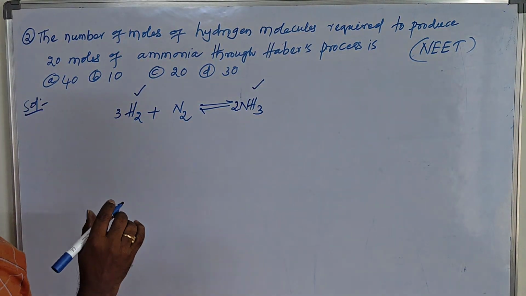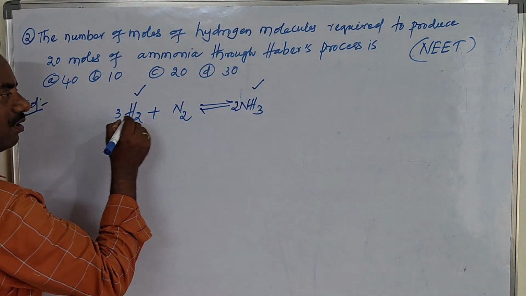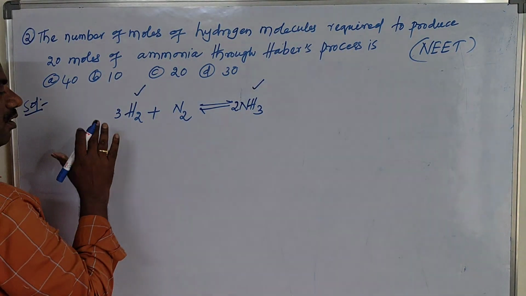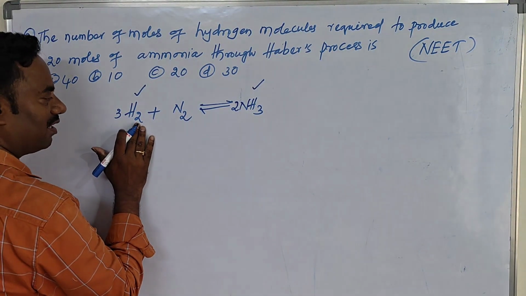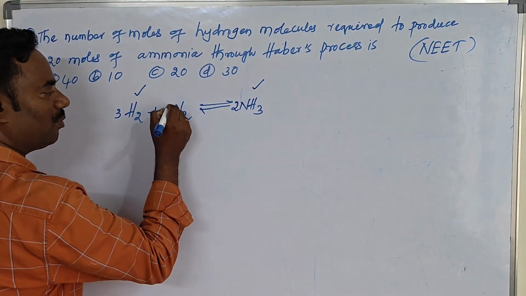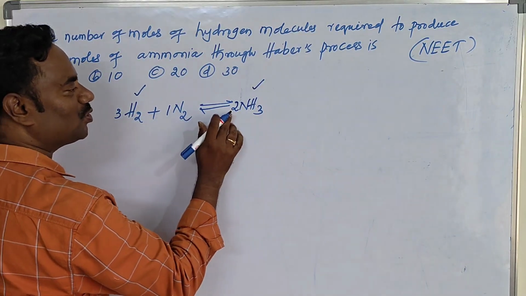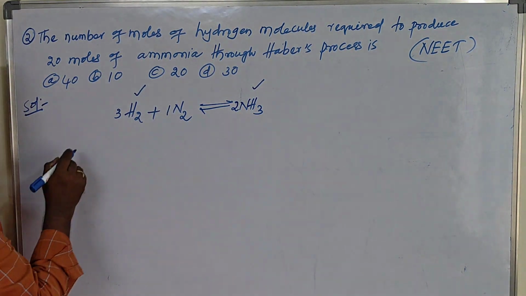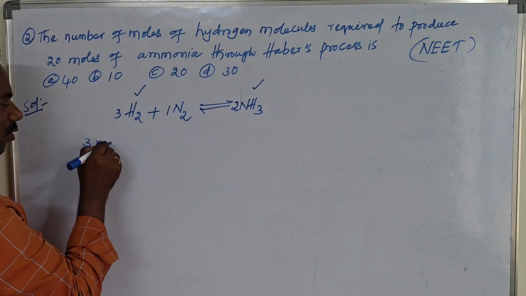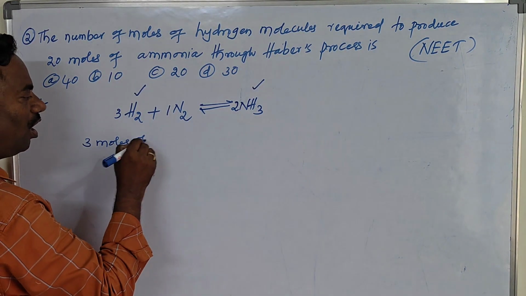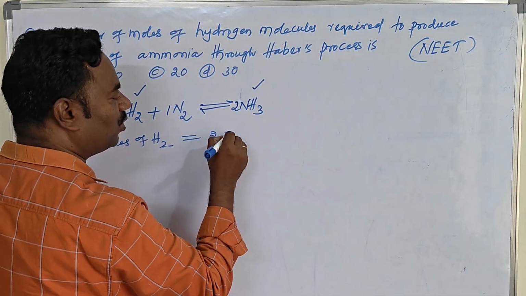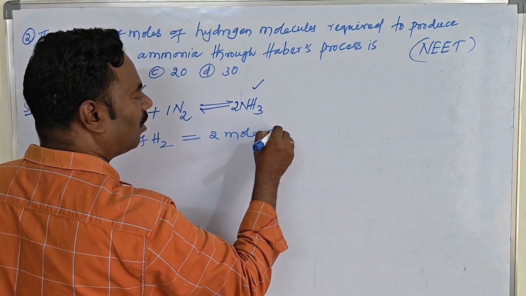From the balanced chemical equation, 3 moles of hydrogen react with 1 mole of nitrogen to produce 2 moles of ammonia.